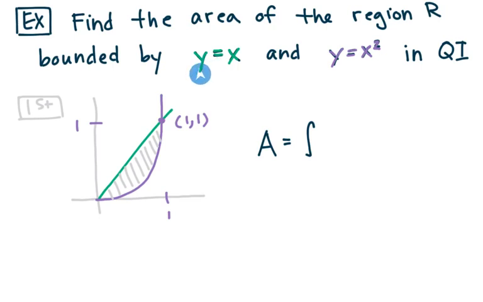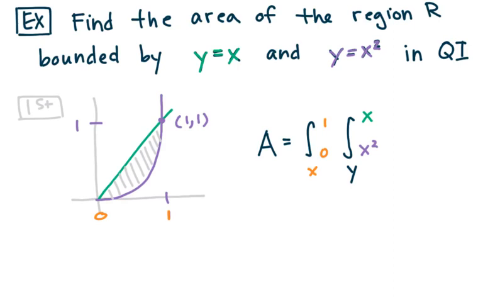And since I already have my functions y in terms of x, I'm going to integrate y first. So my x bounds go from 0 to 1. Those represent x's. And then for my y values, the upper bound is x and the lower bound is x squared.